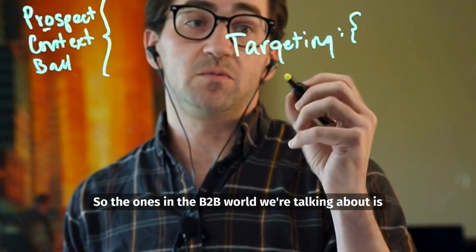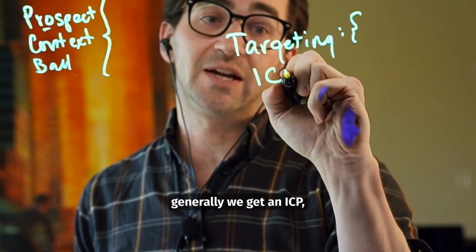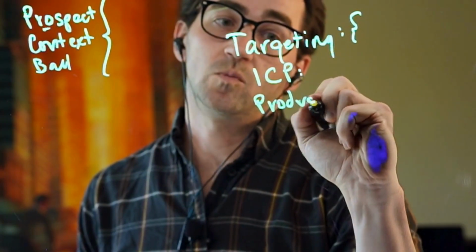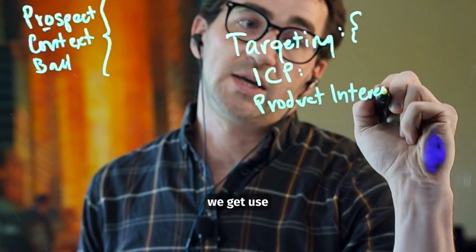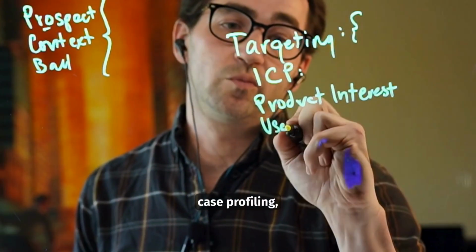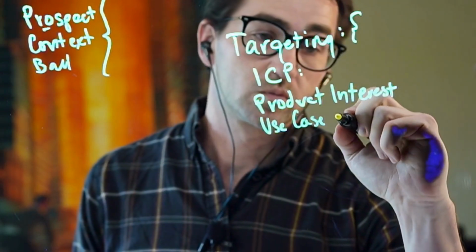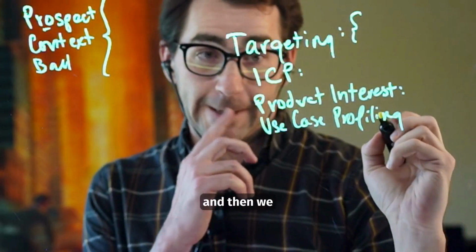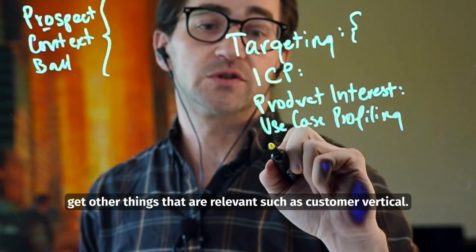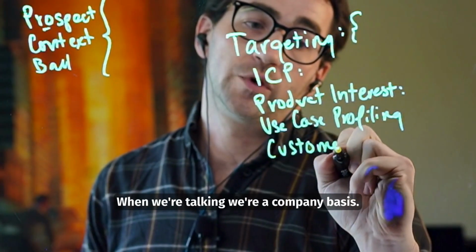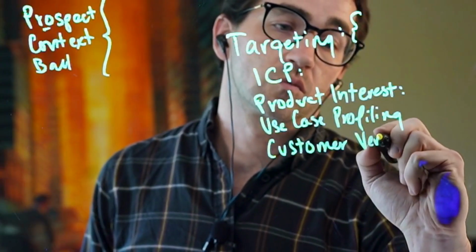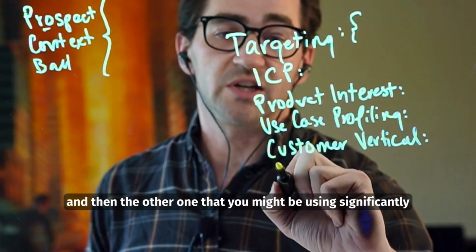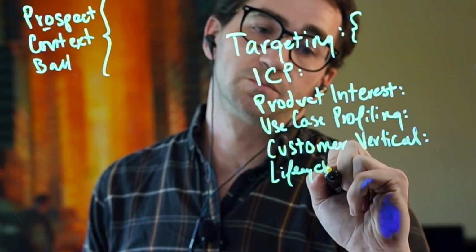The ones in the B2B world are generally an ICP, product interest, use case profiling, and other things that are relevant, such as customer vertical when we're talking about a company basis. Whatever you're using for these, and then the other one that you might be using significantly is the life cycle, so the life cycle status.